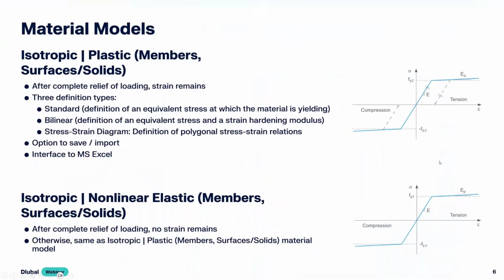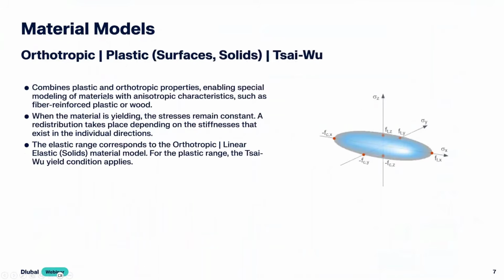Okay, let me continue with the slides. The next material model, orthotropic plastic. It combines plastic and orthotropic properties, and you can use it, for example, for fiber reinforced plastic or wood or something like that.